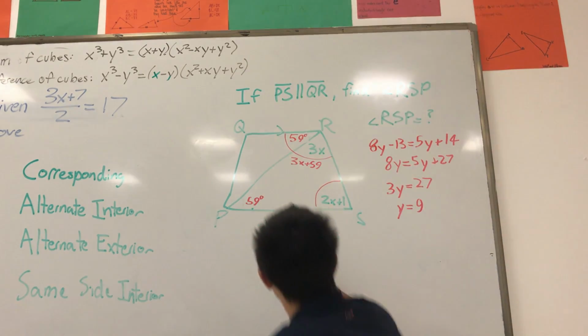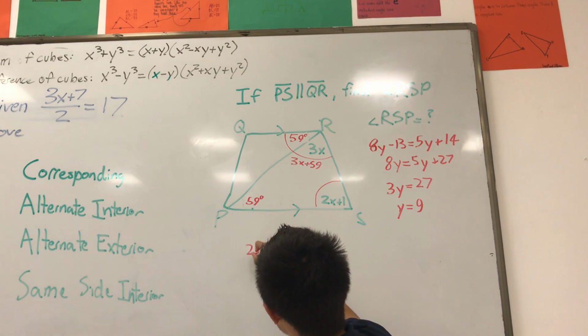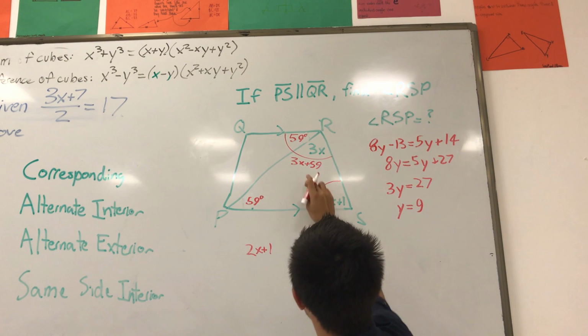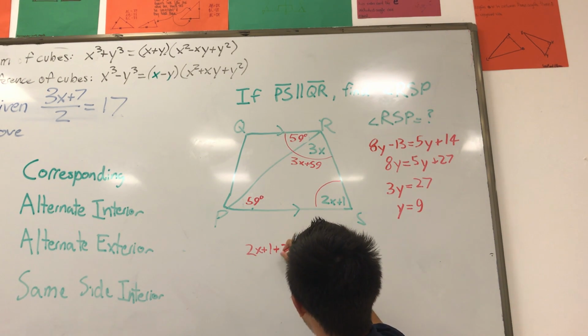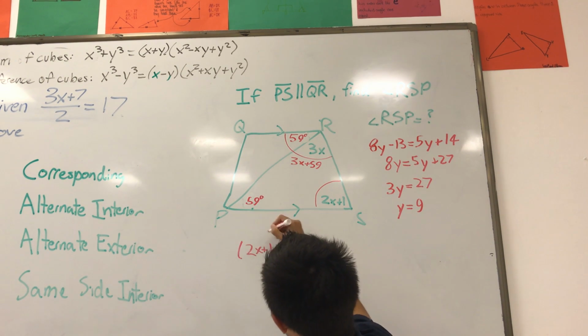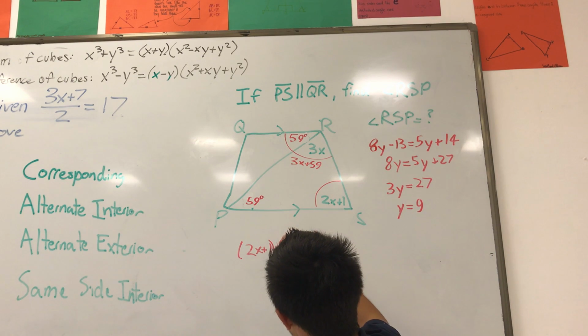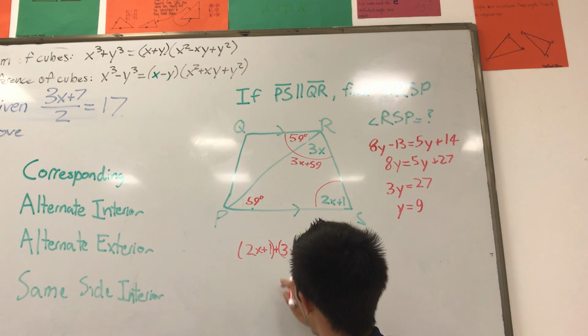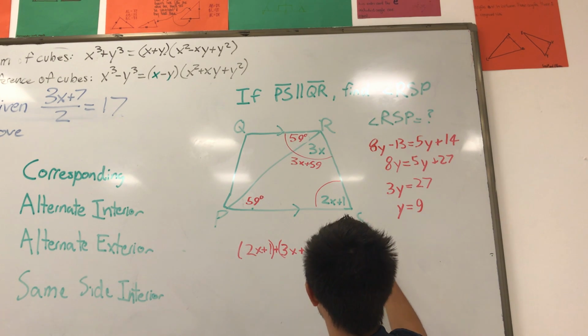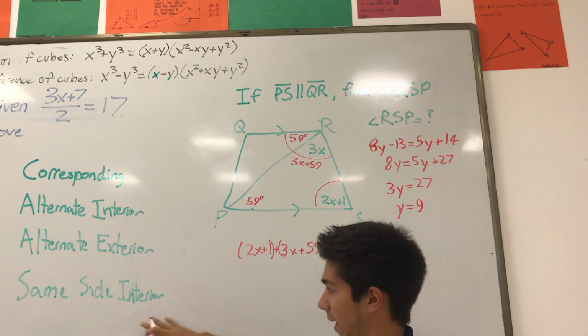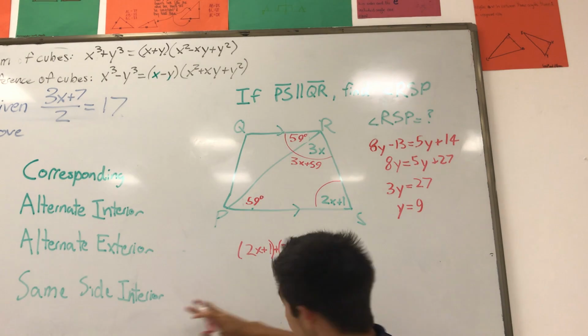Okay, so if I know that this one, 2x plus 1, and this one are supposed to add up to 180, I'm going to write it like this. So 2x plus 1 is one angle, 3x plus 59 is my second angle. I'm going to add them together, and they should give me 180. That is what our same side interior angle theorem tells us.